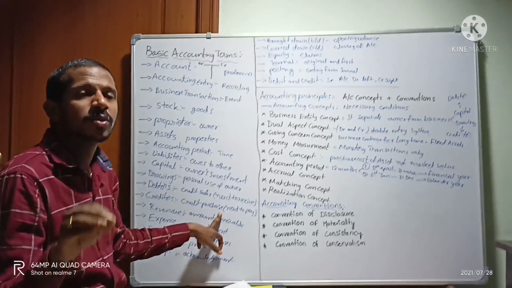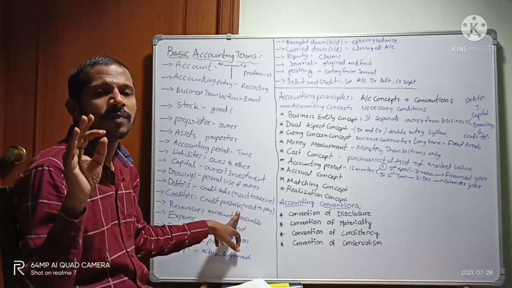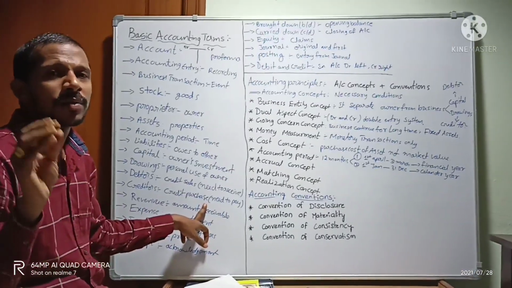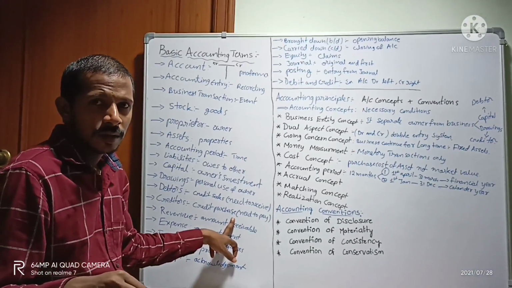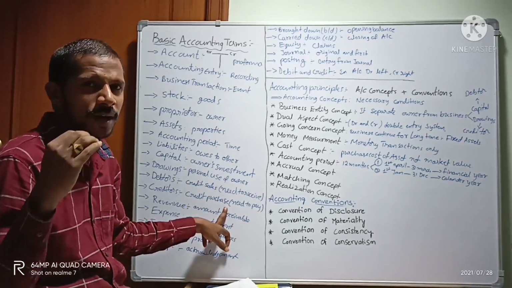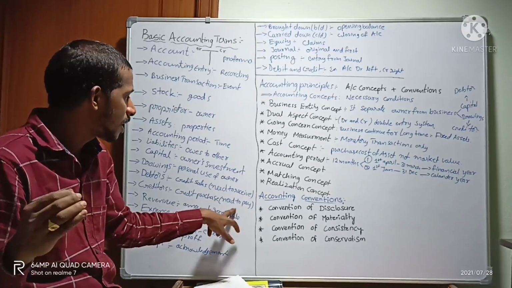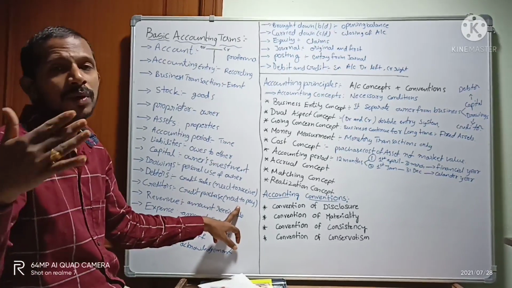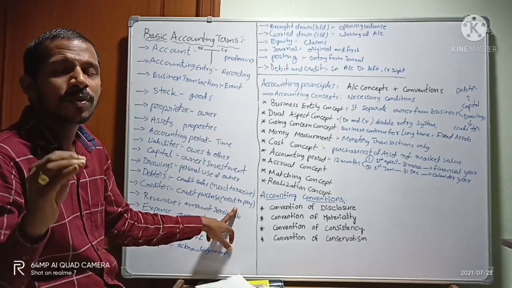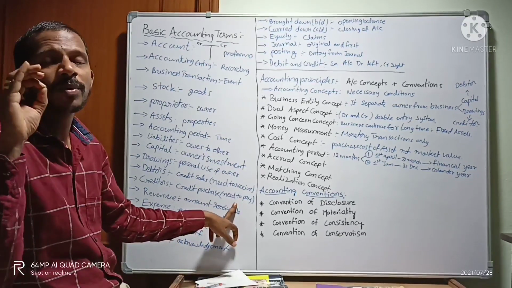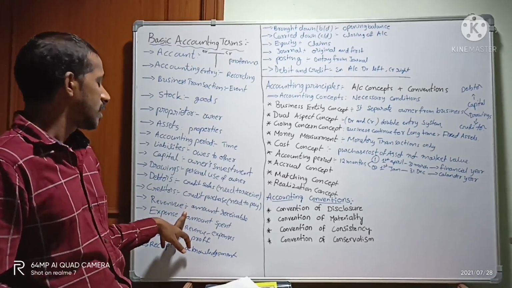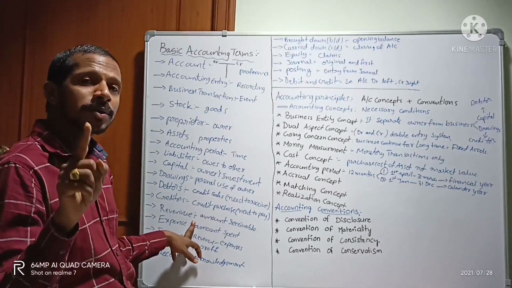We are not paying the cash, but we are getting the goods. Immediately we are not paying, but in future the business needs to pay. Those people are the creditors. See, creditor and debtor are opposite words.